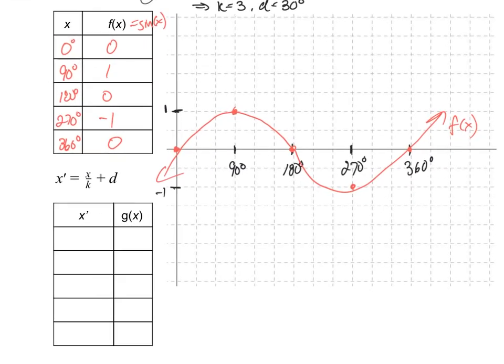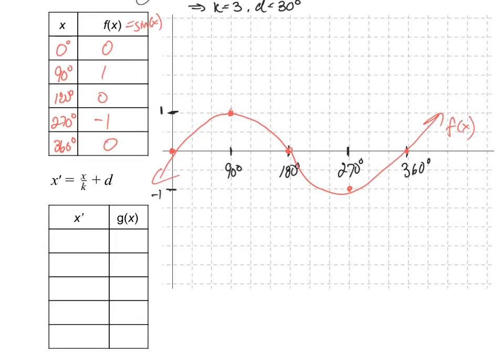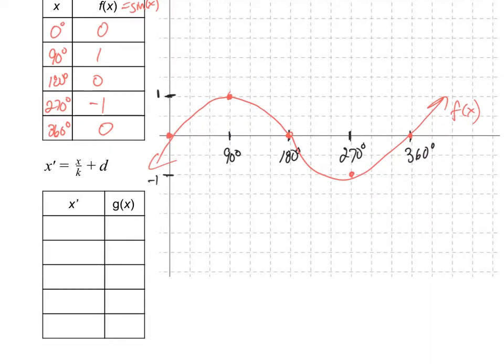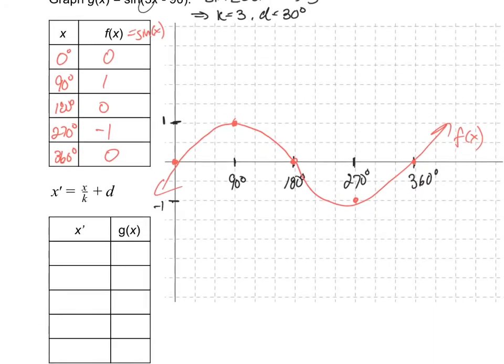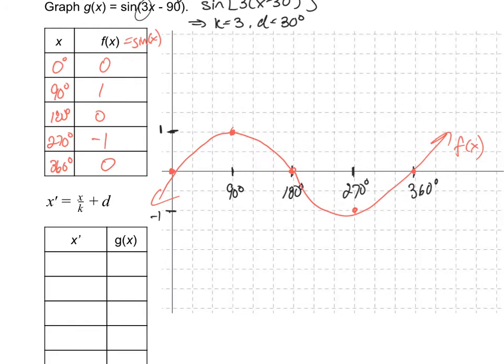So let's get our transformed points. So here, our mapping notation, our new x prime is going to be x over k plus d. Well, we just said that k was going to be 3 and d was 30. So given 0, we need to take 0 divided by 3 plus 30. That's going to give me 30. And then the next one is going to be 90 divided by 3 plus 30.